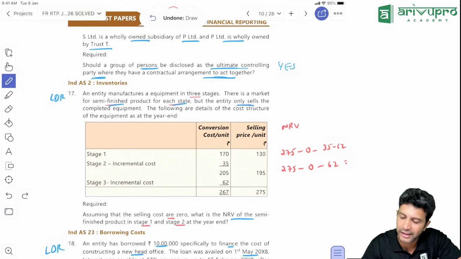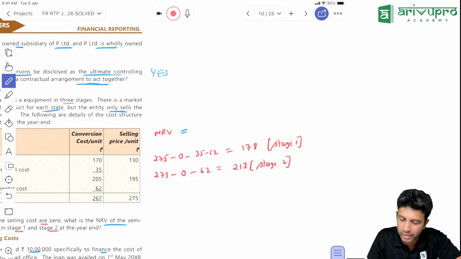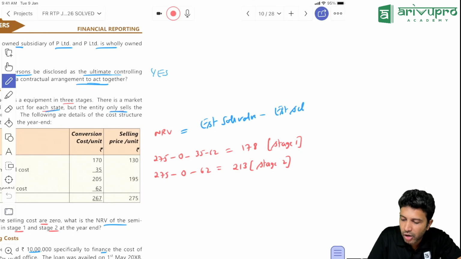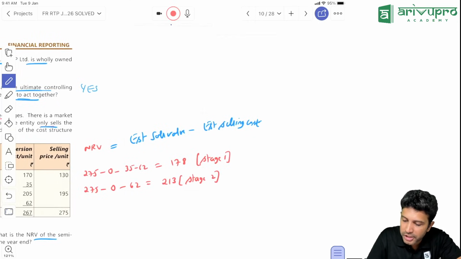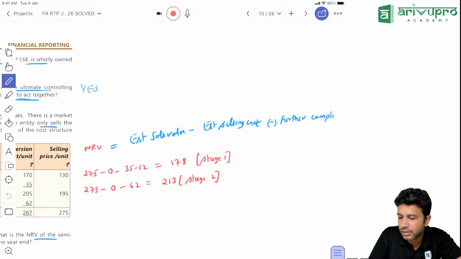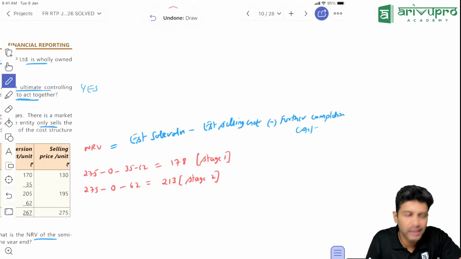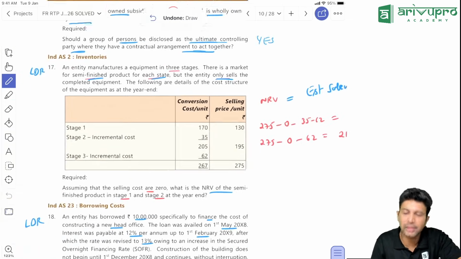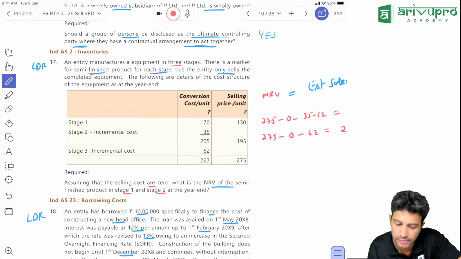Sir, how do you get the net realizable value of the work in progress? Estimated sale value minus estimated selling cost minus further completion cost, if any, right? Estimated sale value is of a finished product. When it becomes a finished product, finally you'll sell it for how much?